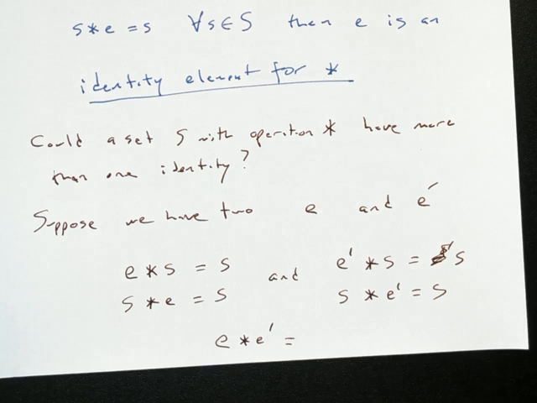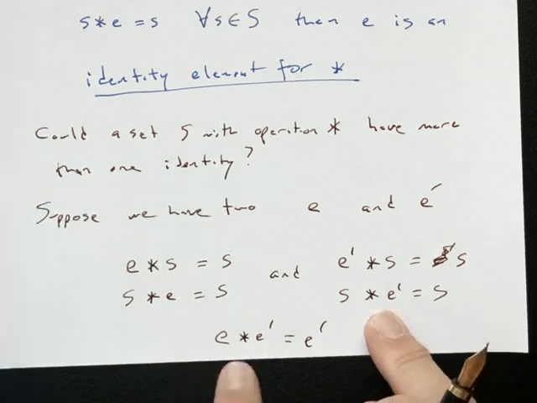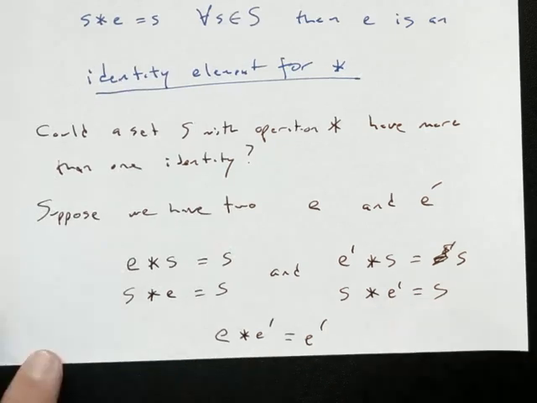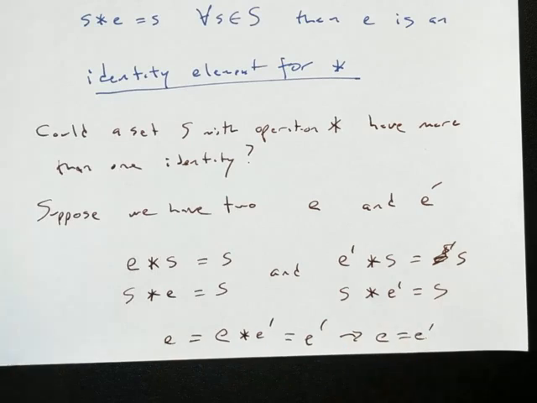So this needs to be equal to E prime. But by this one, something times E prime has to equal to something, which means this also has to be equal to E. Therefore, E is really the same as E prime, and we don't actually have 2 of them. We just have 1. We just didn't know it was the same thing in 2 different covers.